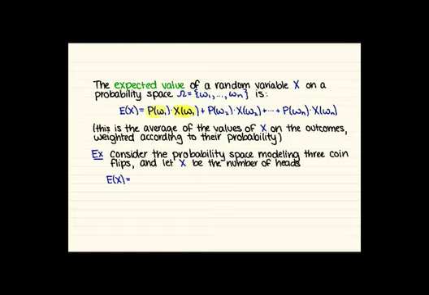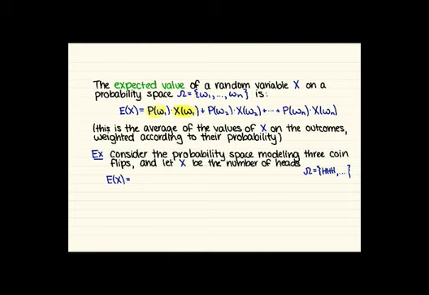So let's suppose you've got a probability space modeling 3 coin flips. So here our omega is H, H, H, where they're all heads, etc. And x is the number of heads. So for each possible outcome, we take the probability that it happens times the value of that random variable on that one.